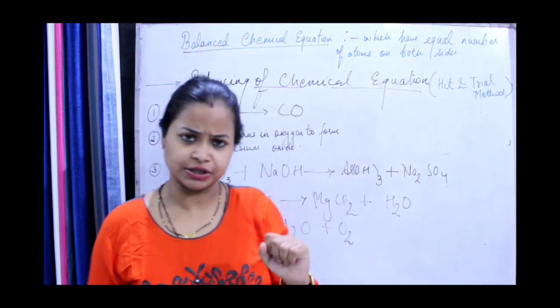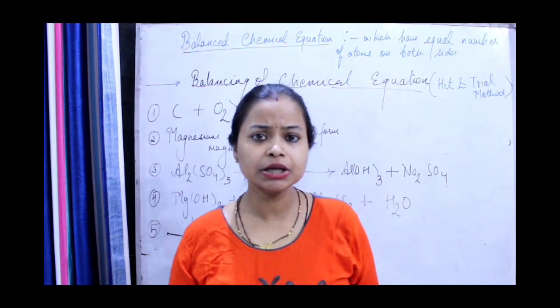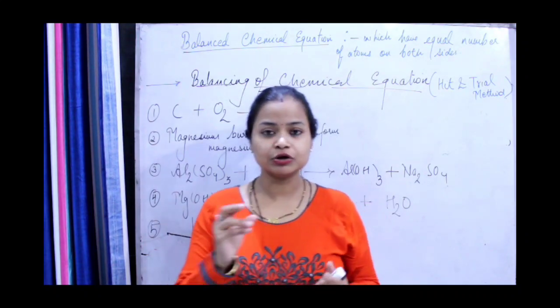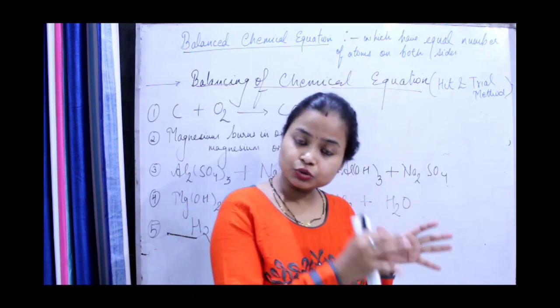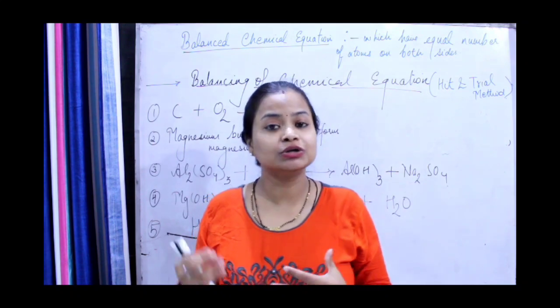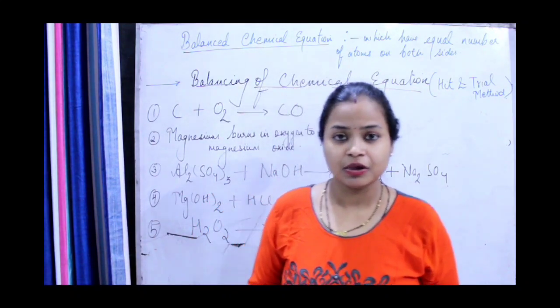Now why do we need the balanced chemical equation? See, in class 9th you have studied the law of conservation of mass. What was that? The total mass of reactants should be equal to the total mass of products. In simple words I am telling you.